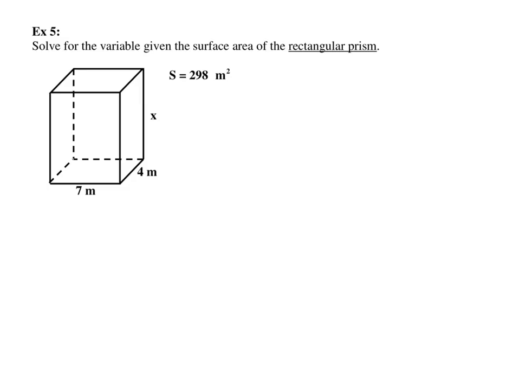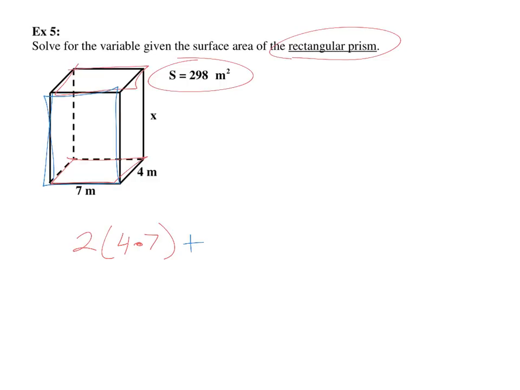Solve for the variable given the surface area of the rectangular prism. They give you the surface area. Now we have to figure out what x is. Okay, how are we going to do this? Well, I know these 2 faces are the same. So it's going to be 2 times 4 times 7. Then I know that these 2 faces are the same.